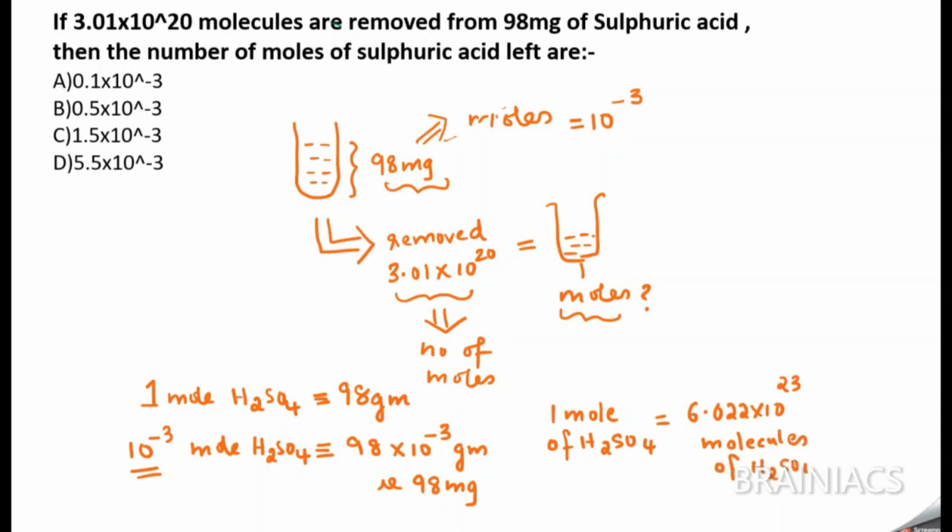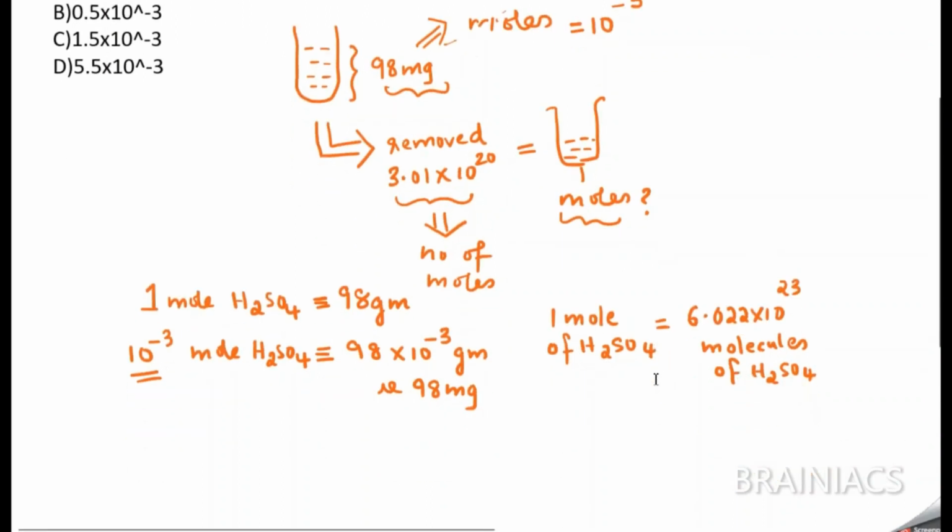Correct. Now listen. We need to find out not for this one. I need to know in 3.01 into 10 power 20 how many moles are there. So first let me convert this into one molecule. To make this value one molecule, what you need to do is divide by the same number.